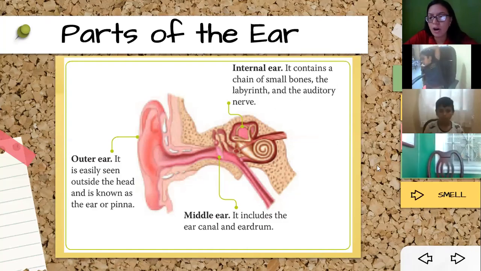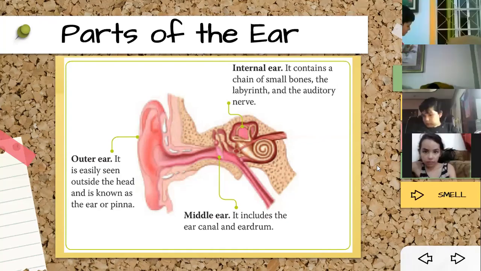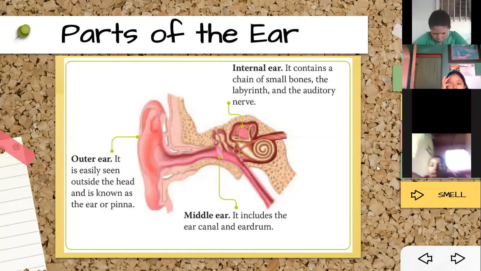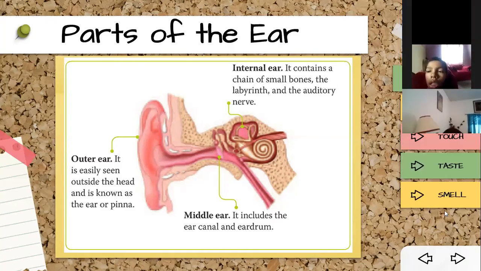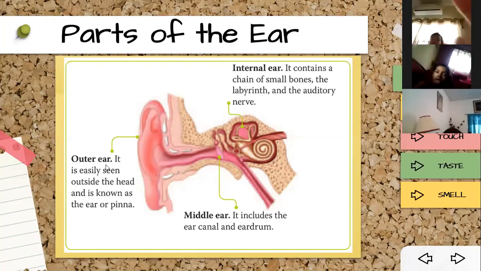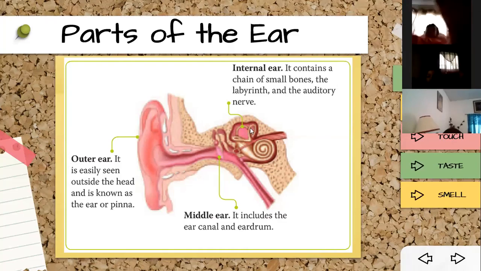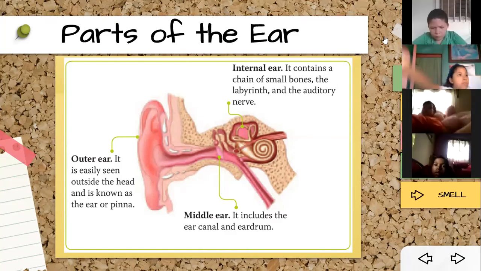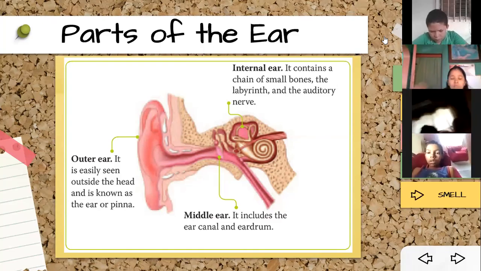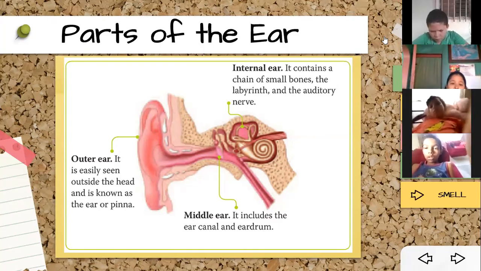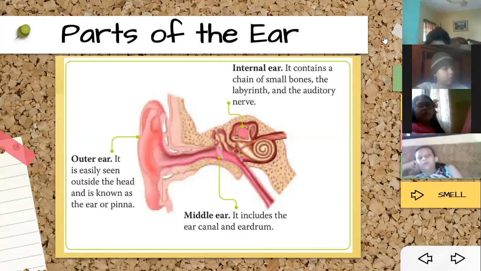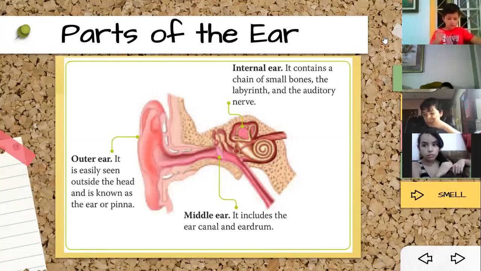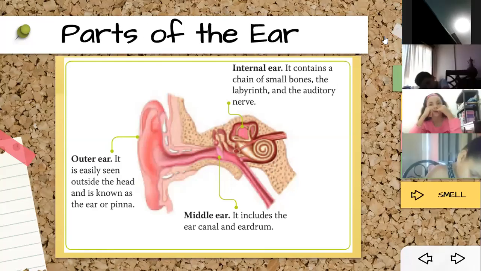So those are the 3 parts of our ears. Okay, let's repeat it one more time, guys, please. What are the parts of the ears? Outer ear or pinna, middle ear, ear canal and eardrum, and our internal ear that contains the small bones, the larynx, and the auditory nerve.